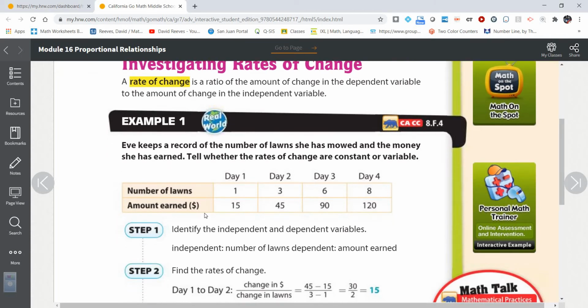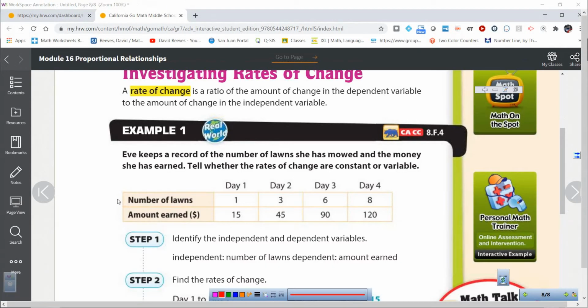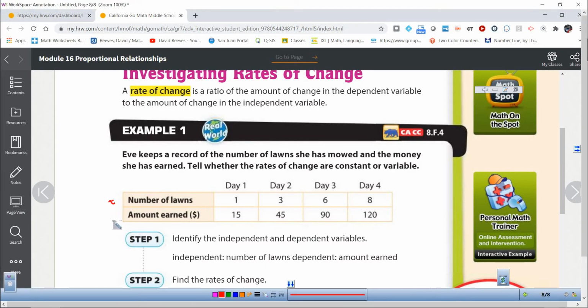They have a table of lawns mown and amount earned. So our first variable, if we call the number of lawns x and we call the amount earned y, this first one would be our independent variable. All right, Eve can mow as many or as few lawns as she wants to.